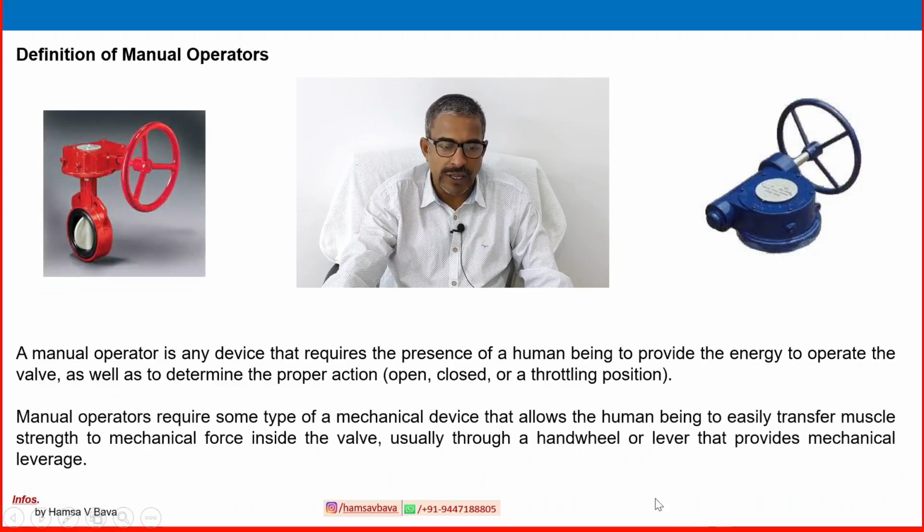Manual operators require some type of mechanical device that allows the human being to easily transfer muscle strength to mechanical force inside the valve, usually through a hand wheel or a lever that provides mechanical leverage. These are two examples of manual operation systems, so the operator can work on them. Some gear mechanisms are also provided inside so that the mechanical energy can transfer easily, for easy operation of the valve.